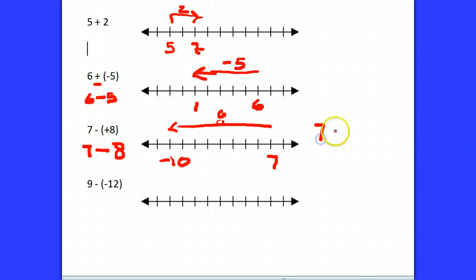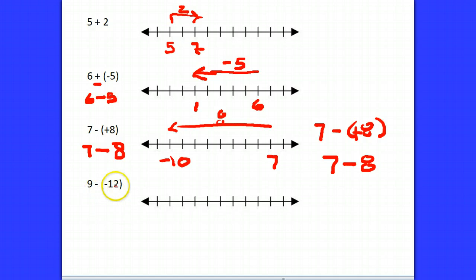For instance, if I had 7 minus (+8), I don't know why somebody would write it this way, but it's understood that this is a positive 8. You can remove the parentheses and just apply the subtraction sign, because it's taking that positive and turning it into a minus. The same with this problem.